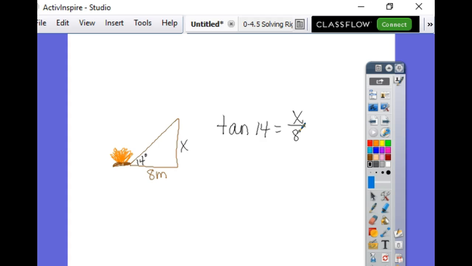It's going to equal x over 8. And so then we're going to cross multiply. So I get 1.995 miles.